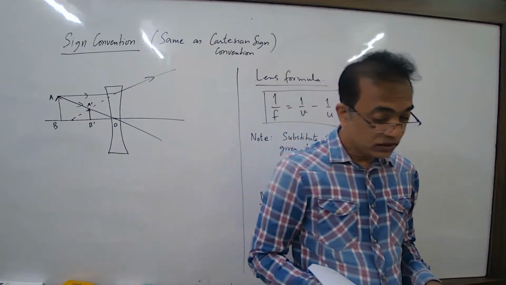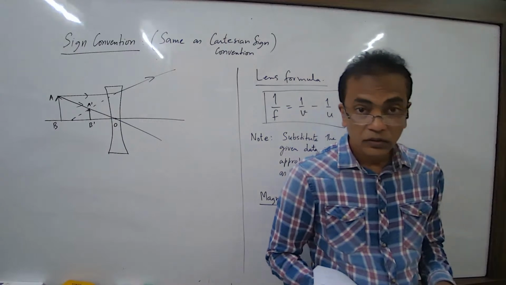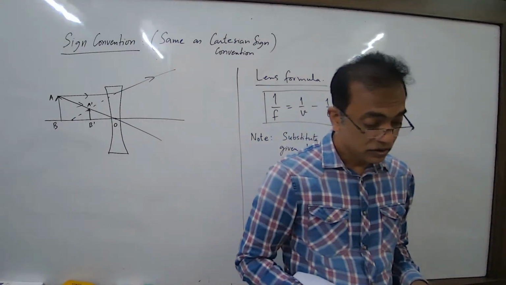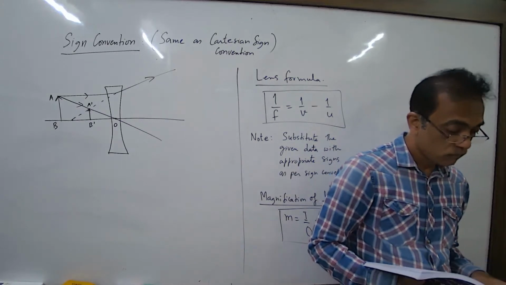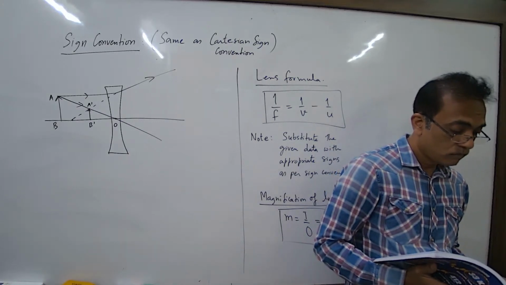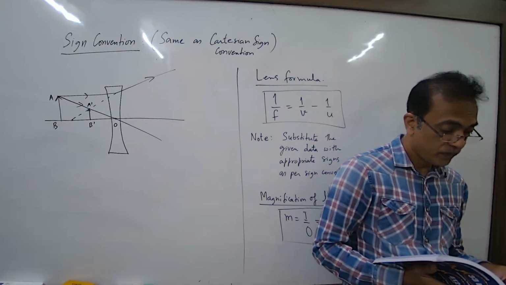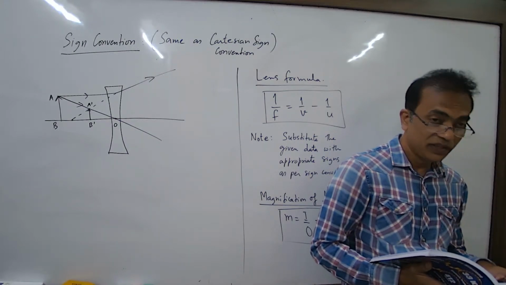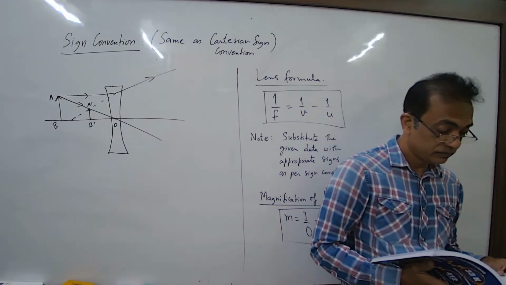So does everyone understand? Look, the question comes like this. Yes, your turn. Question 6. Complete the diagram shown in the figure below to show the formation of image A dash B dash of the object AB. A dash B dash, that is a misprint, of the same size.